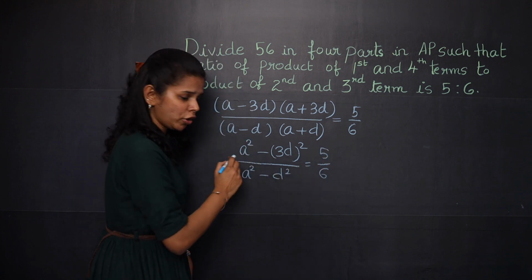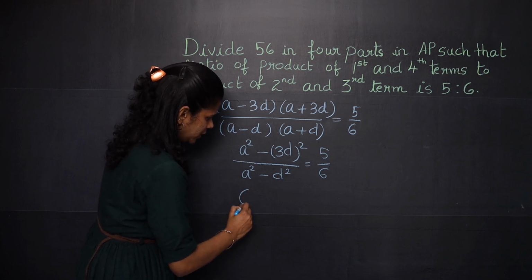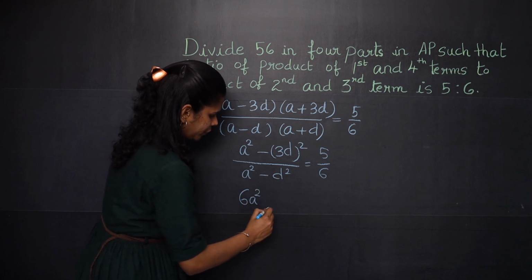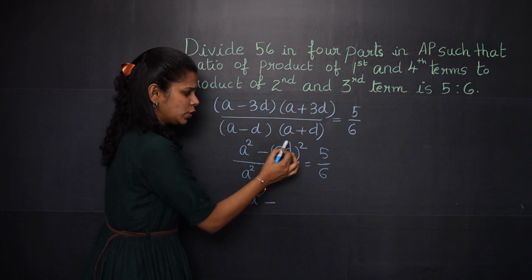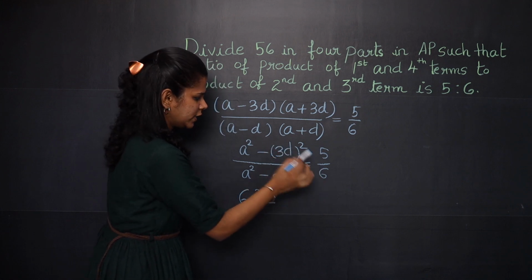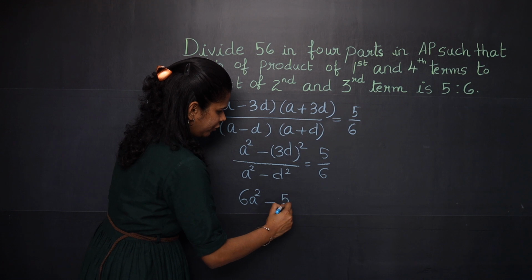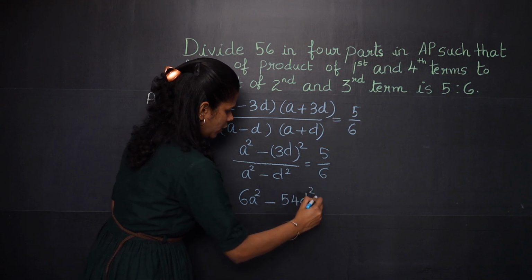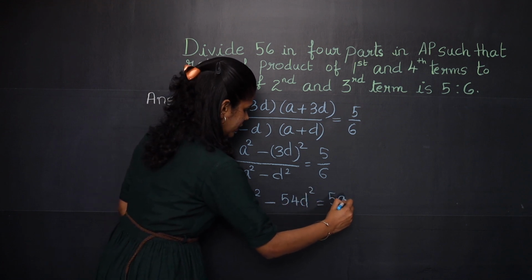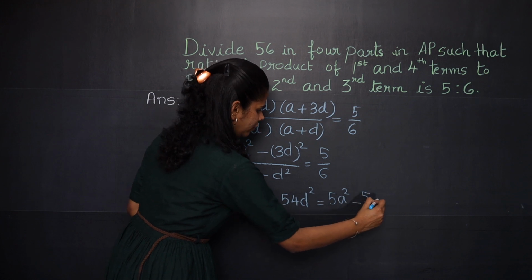Now we are going to cross multiply. So it becomes 6a square minus 3d square is 9d square. So 6 into 9 is 54d square is equal to 5a square minus 5d square.